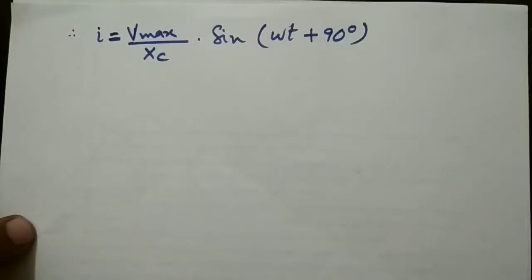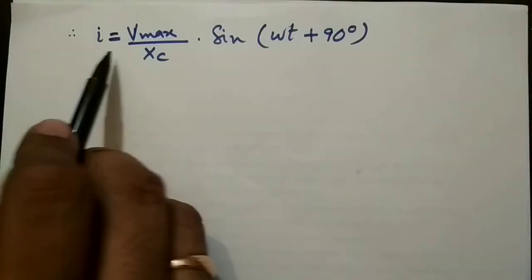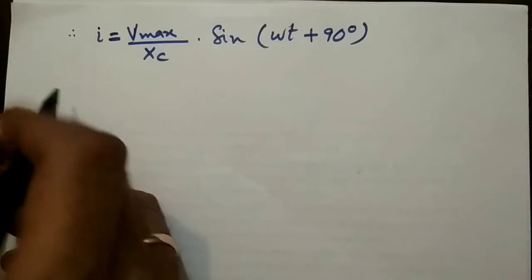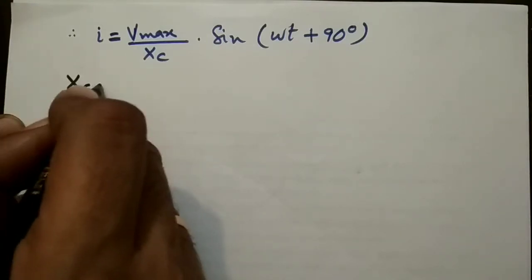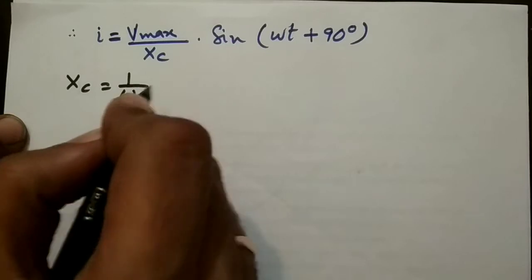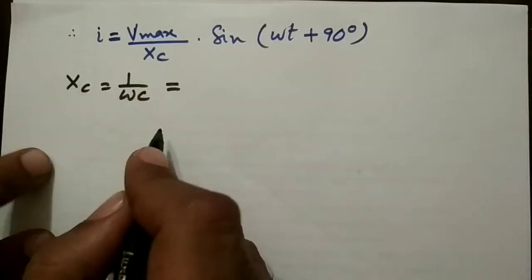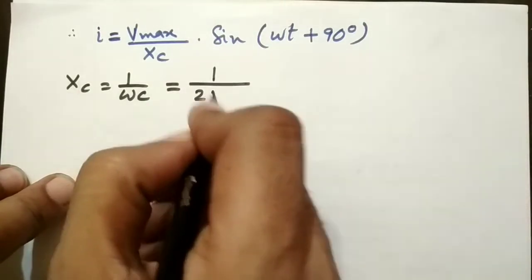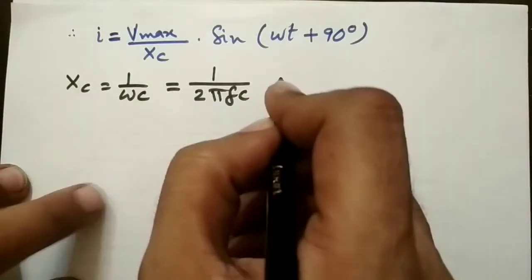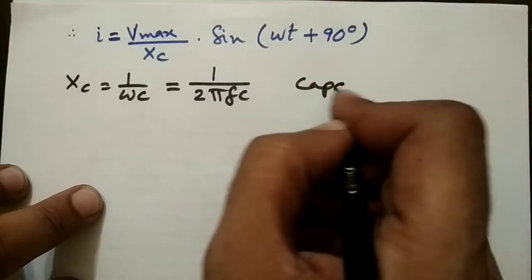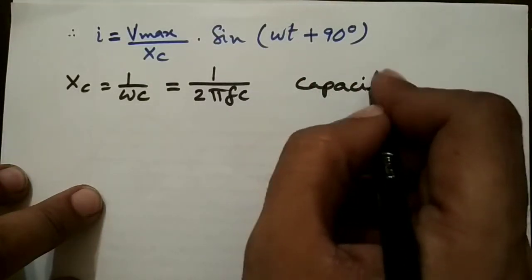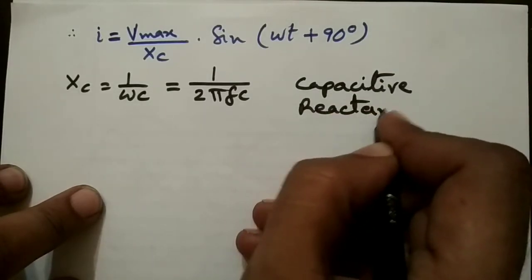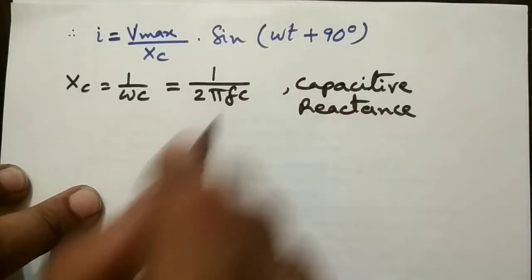So for a purely capacitive circuit, the current is V max upon Xc sin(omega t plus 90 degrees), where Xc is equal to 1 upon omega C, and as we know omega equals 2 pi f, so Xc can also be written as 1 upon 2 pi f C. This is called the capacitive reactance.